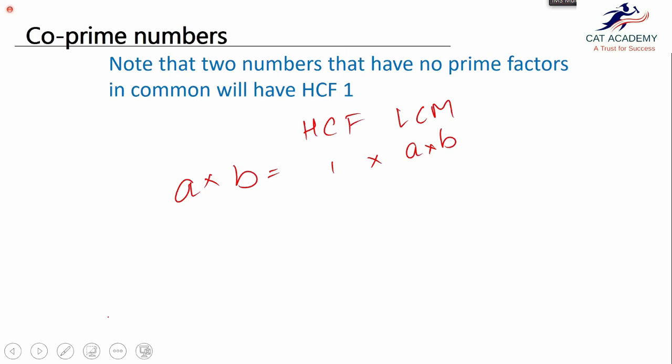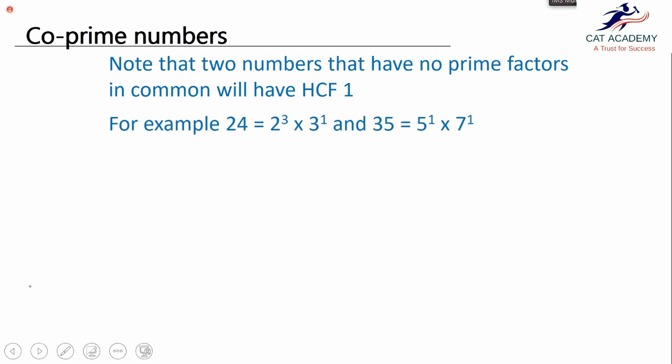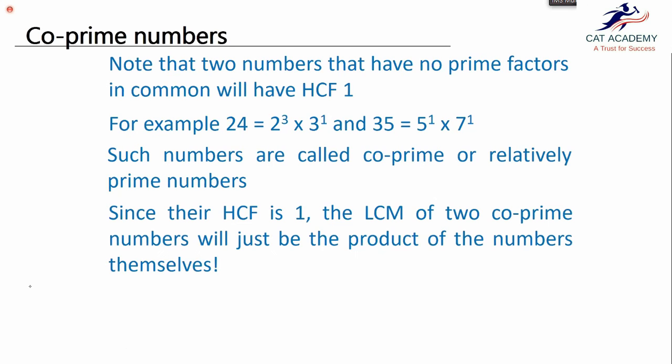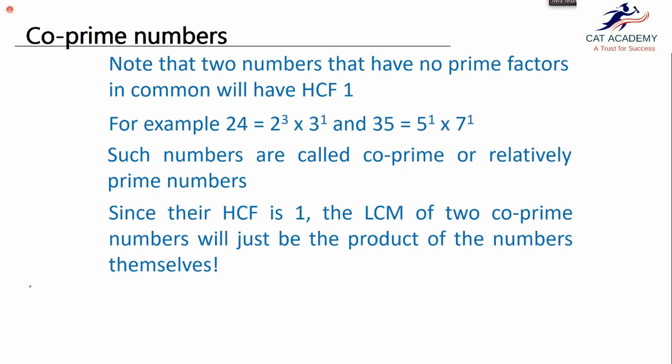Correct? So A into B. Since the HCF is 1, the LCM of two co-prime numbers will just be the product of themselves.